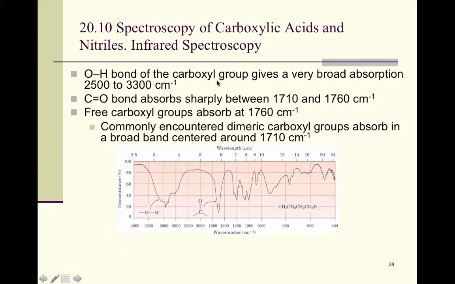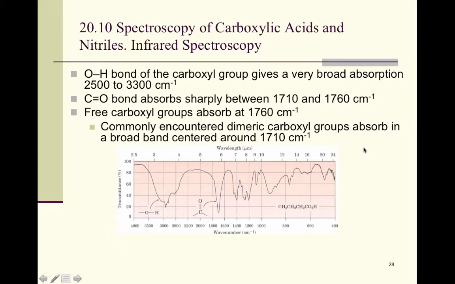Spectroscopy of carboxylic acids and nitriles. The OH group has a characteristic and very broad absorption at about 2,500 to 3,300. The carbonyl carbon, we will see it absorbs sharply between 1710 and 1760. Free carboxyl groups also absorb in the same range.